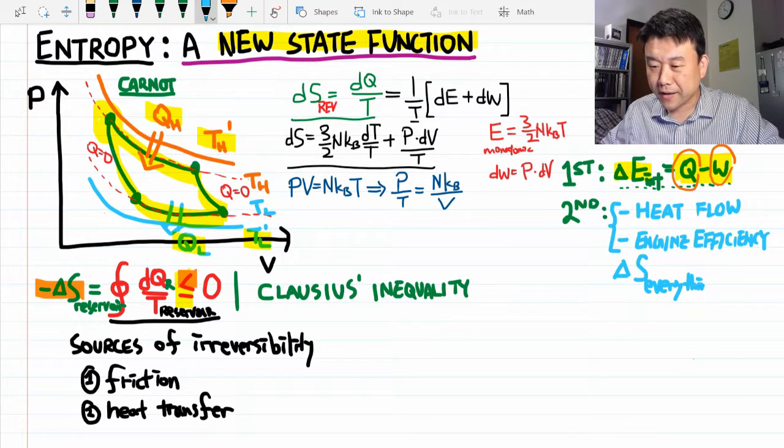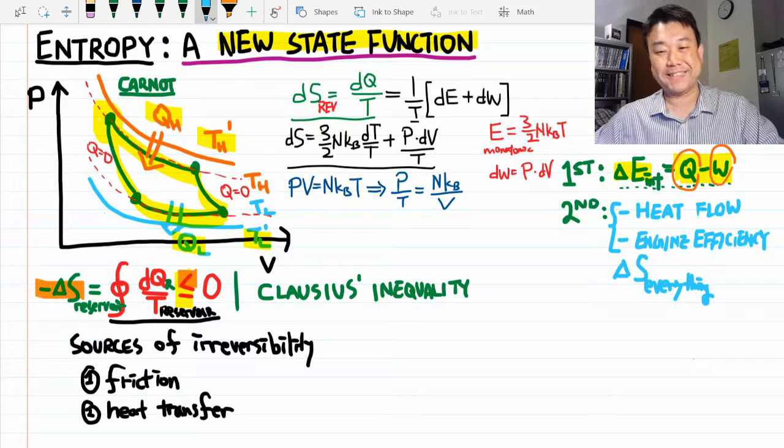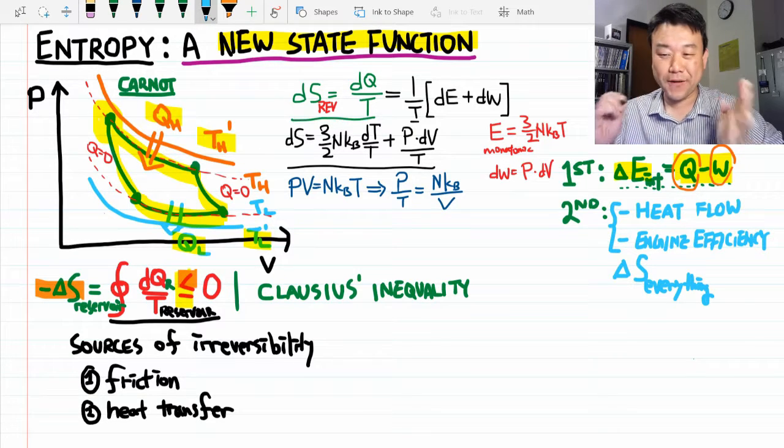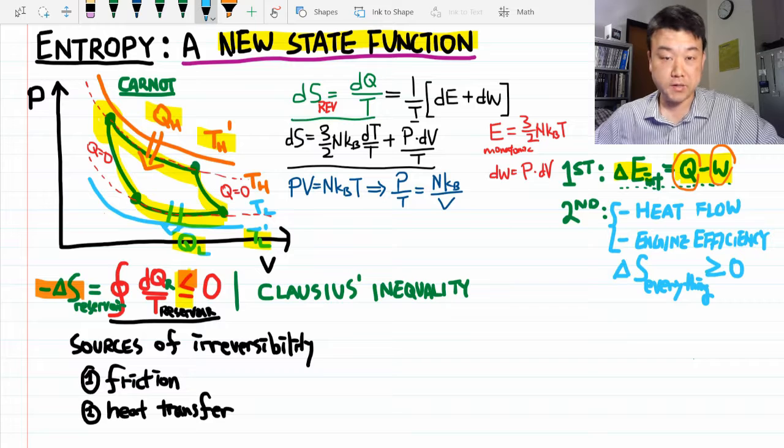In chemistry, they like to talk about isolated systems. I'll just say the universe is an isolated system. So the change in entropy of everything is always greater than or equal to zero for all processes you can imagine. It's equal to zero if you're dealing with reversible processes, and it's greater than zero if you had an irreversible process happening somewhere.